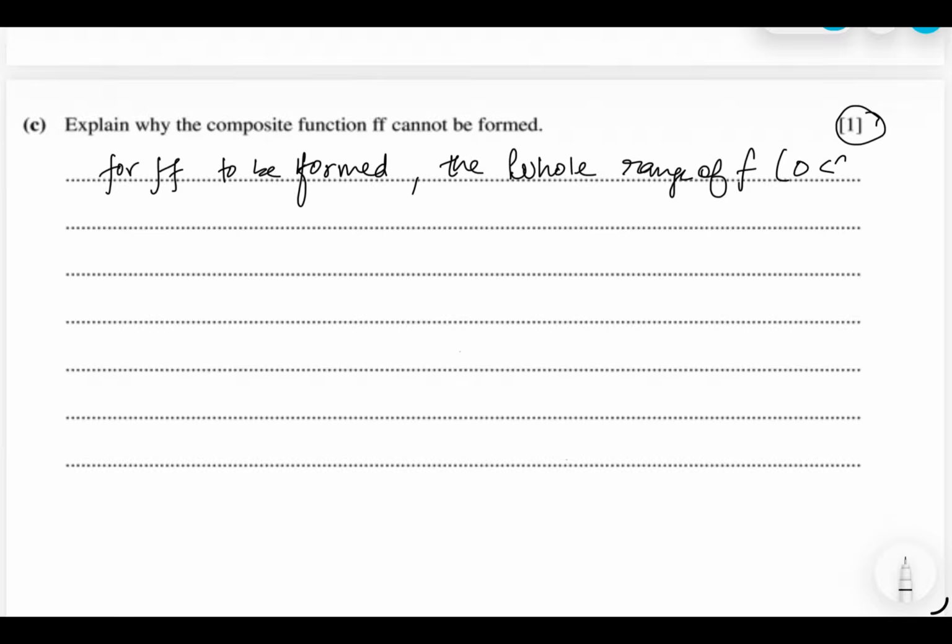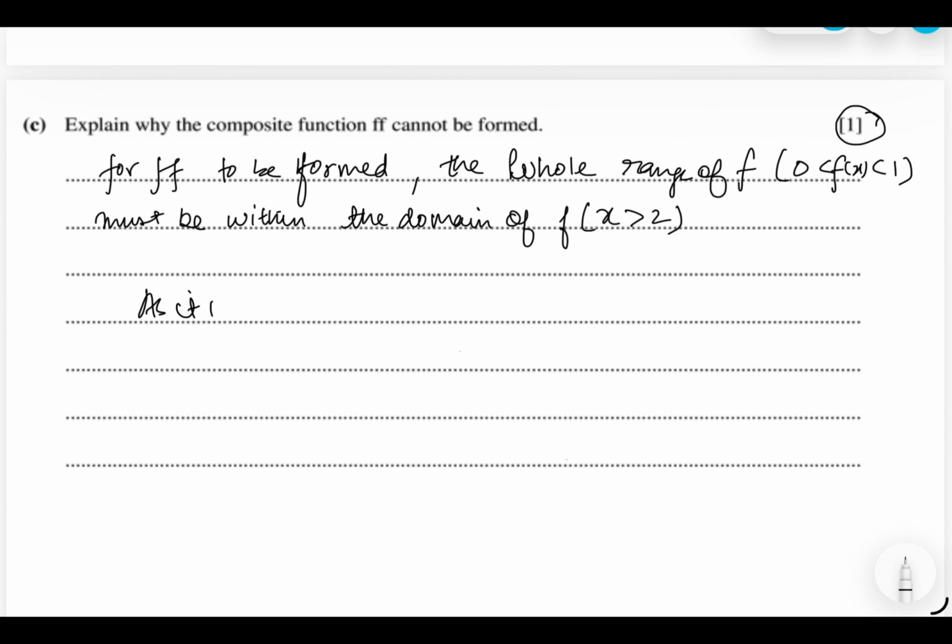It was 0 to 1, must be within the domain of f, x greater than 2. As it is not, the function cannot be formed.